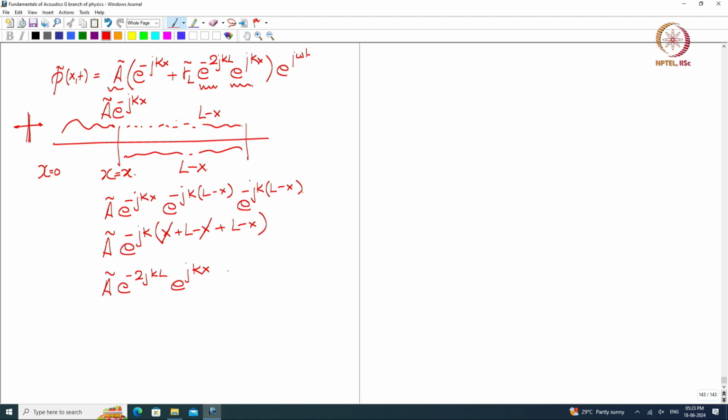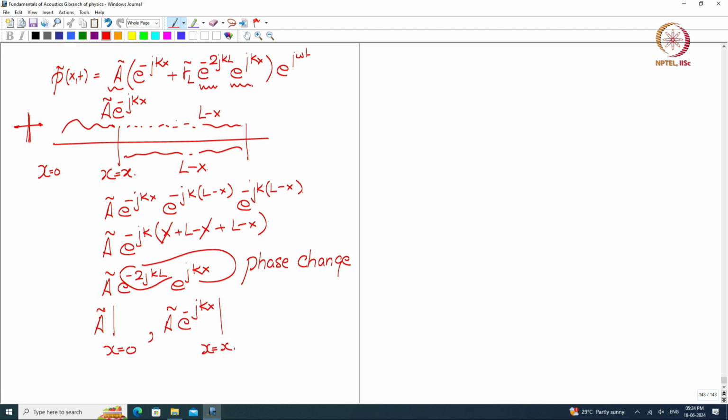All this is just travel. This part is a phase change due to travel. Phase change seen by the wave A tilde, which was A tilde at x equal to 0 and which was A tilde e to the power of minus j k x at x equal to x.